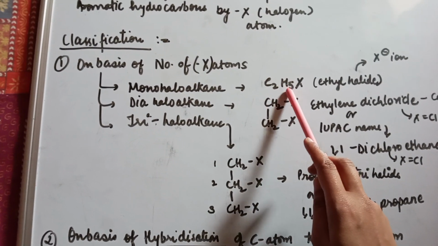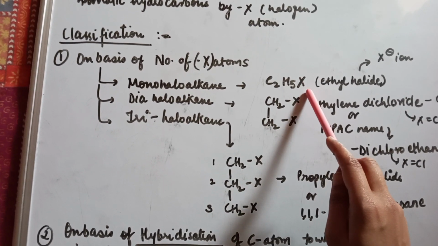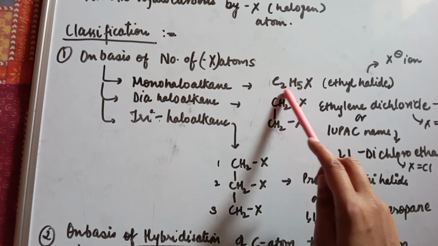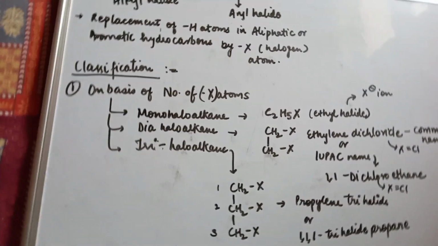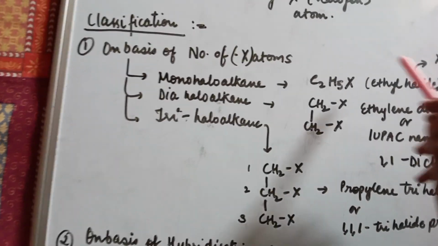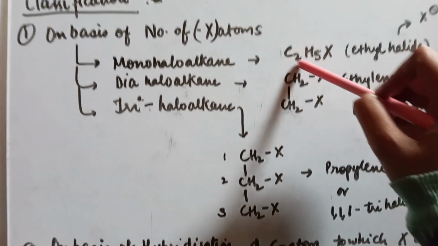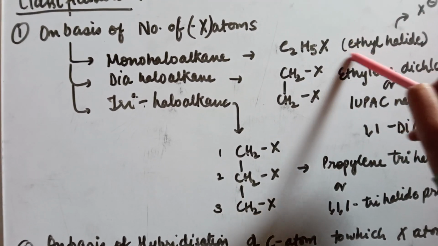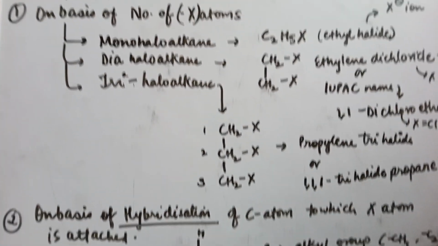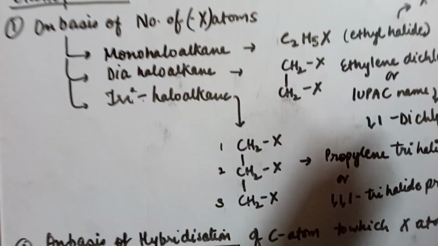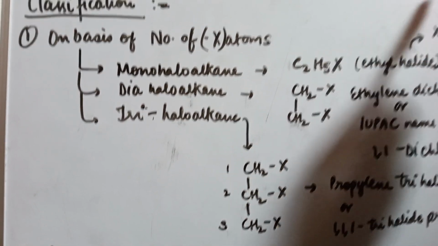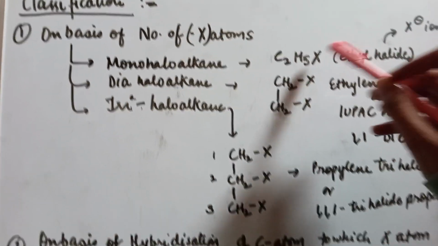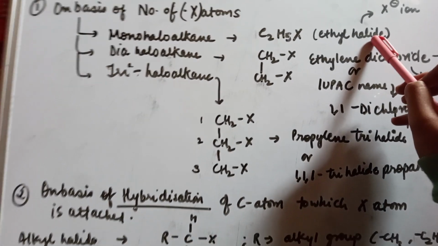In monohaloalkanes, we have only a single halogen atom attached to an R group, or an aliphatic group. Like C2H5, which refers to the ethyl group. C2H5 is the ethyl group, derived from ethane, C2H6, by replacing an H atom with this X atom. X could be any halide.